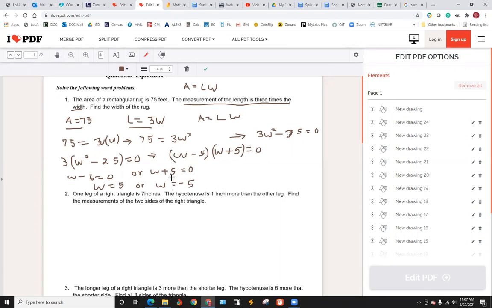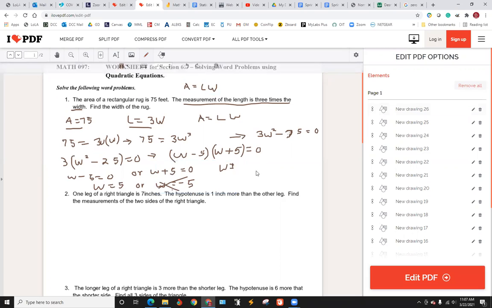So there's no way for the width of a rug to be -5. So the width is 5. And you know this is right because if you put 5 in here, 3 times 5 is 15.